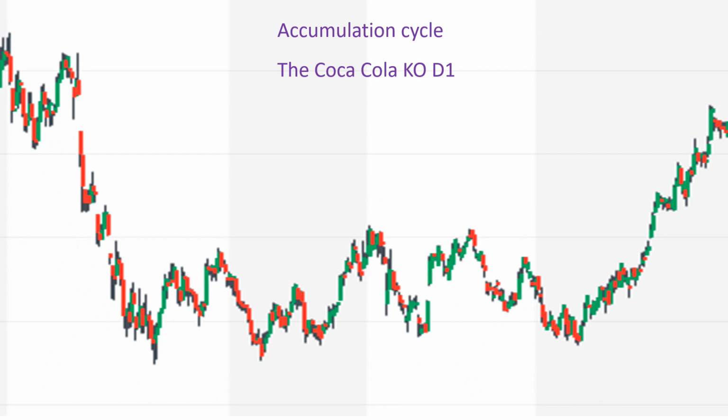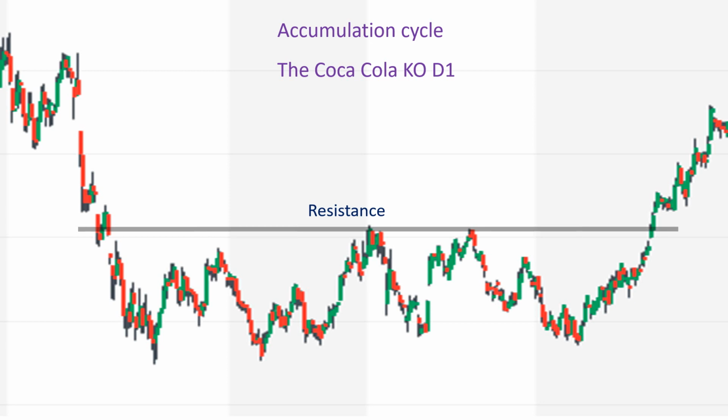This is the price trend of Coca-Cola stock on the D1 time frame, and this is the resistance level, and that is the support level. Now when the price is falling for a couple of months and reaches near the bottom, the price drops to its lowest possible level.